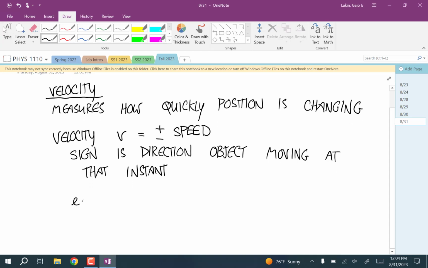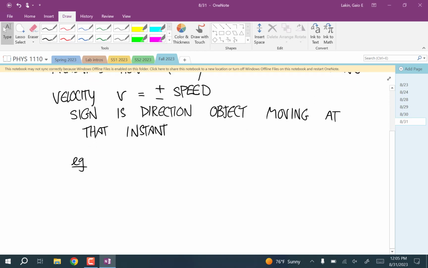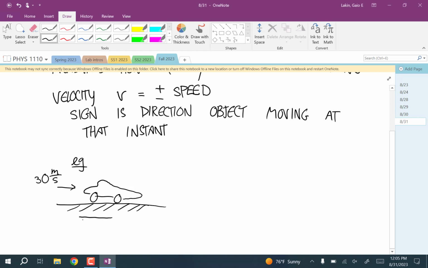So for example, if you had a car that's going this way at 30 meters per second, and you decided that you were going to call your positive direction this way, that then means that the negative direction is the opposite.